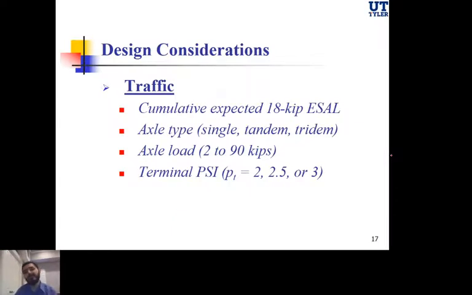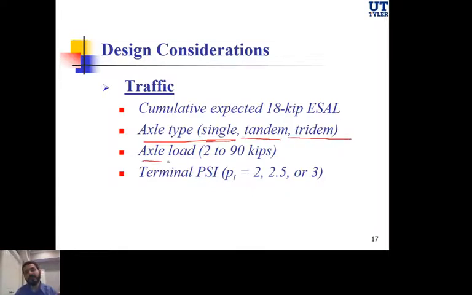Next is traffic. Traffic, as I briefly mentioned at the beginning, when it comes to flexible pavement design using the AASHTO 1993 method, we need the cumulative expected 18-kip equivalent single axle load. ESALs is equivalent single axle load. We need to convert everything to these ESALs, and we need to know how much cumulative number of these ESALs over the design or analysis period. It all depends on the axle type, if it's a single axle, tandem axle, or tridem axle.